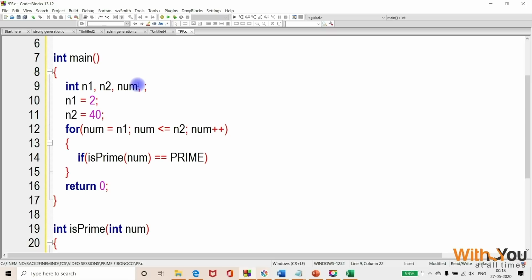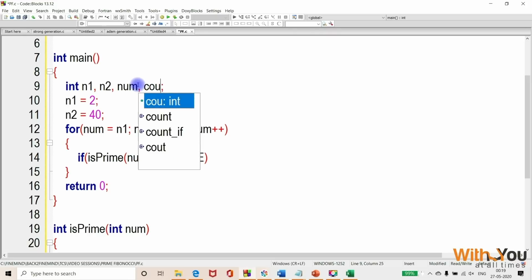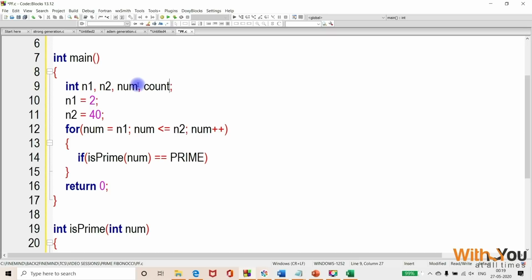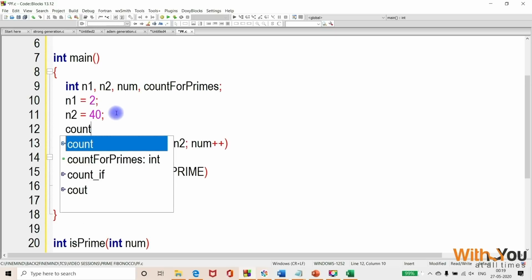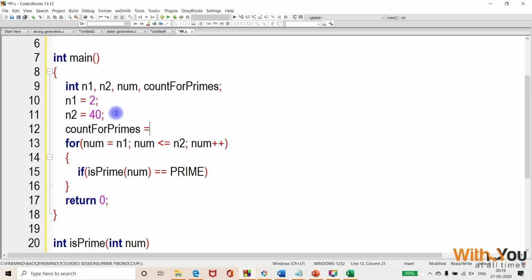Maybe I'll just have a count for primes. Let's calculate this. Count for primes is equal to my n2 minus n1 plus 1.